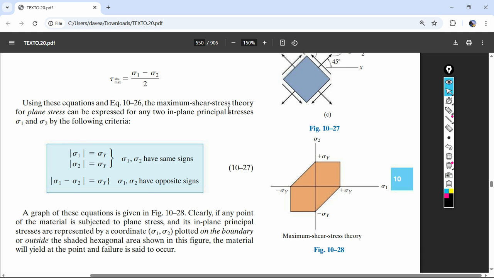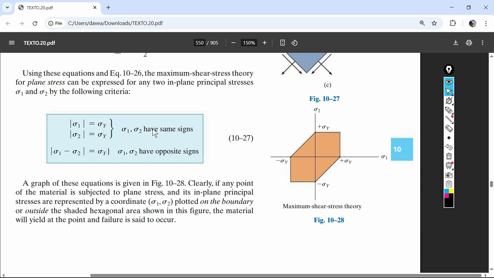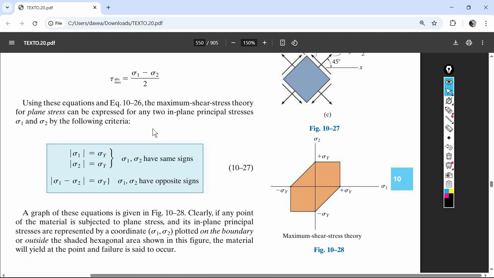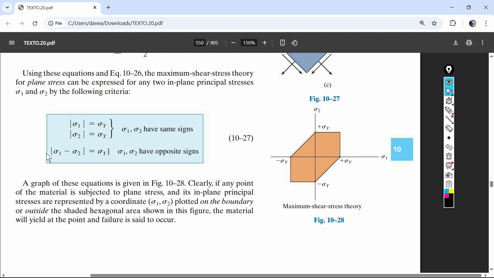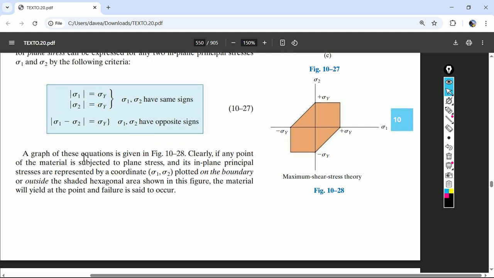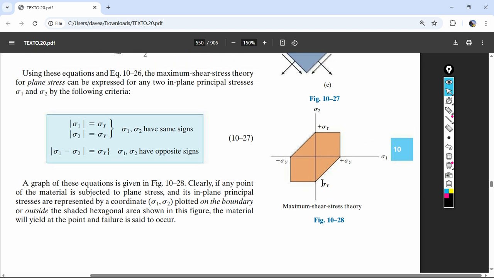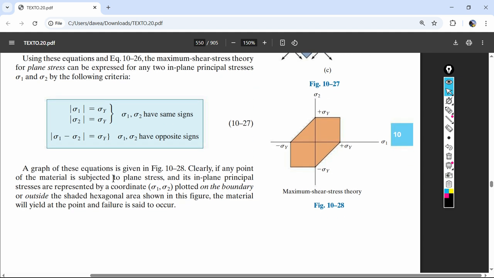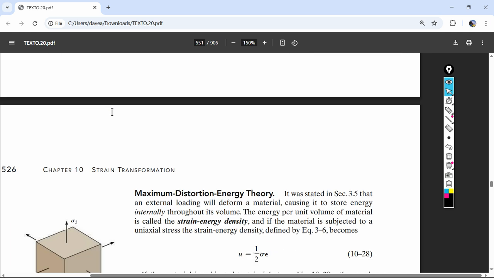The maximum shear stress theory for plane stress can be expressed for any two in-plane principal stresses. I'm not fully getting this, but whatever. So then we have a graph of the maximum shear stress. Why is this the take-home point and it's not registering? Anyway, let's read on and see if we can come back to that.